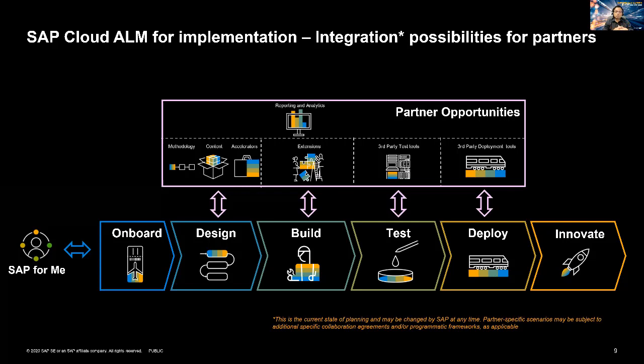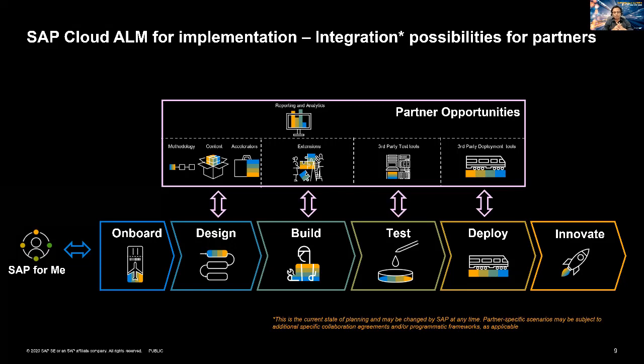At the same time, you're also looking at extending these solutions. So that's, again, another capability that you really want to leverage. Third-party test tools. Obviously, we have started the journey with Tricentis. We are working very closely with the likes of Worksoft. So you would see that there'll be test automation solutions to which Cloud ALM will have its integration. So you can leverage them.